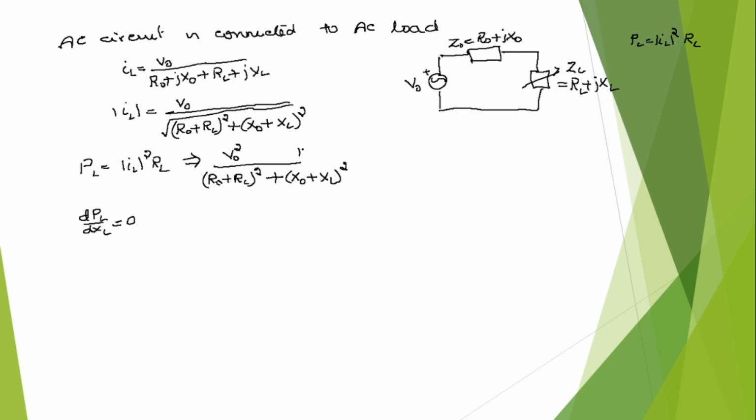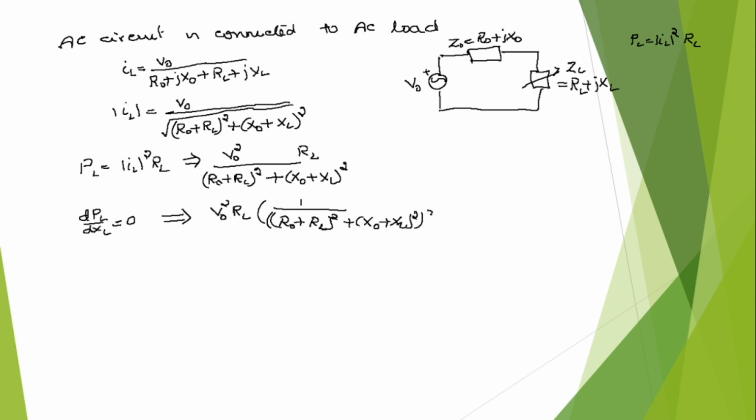Taking dPL by dXL equal to 0, V0 square RL acts as a constant because the differentiation is with respect to XL. So only the 1 by R0 plus RL square plus X0 plus XL square remains.